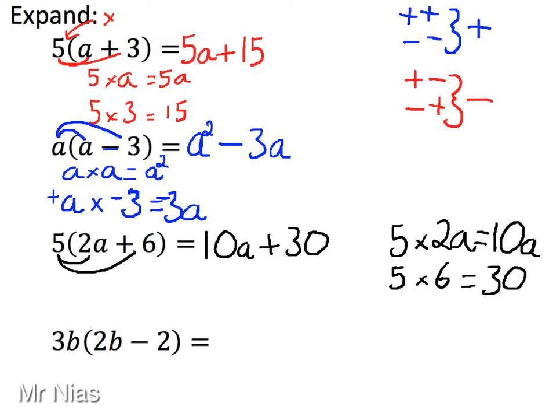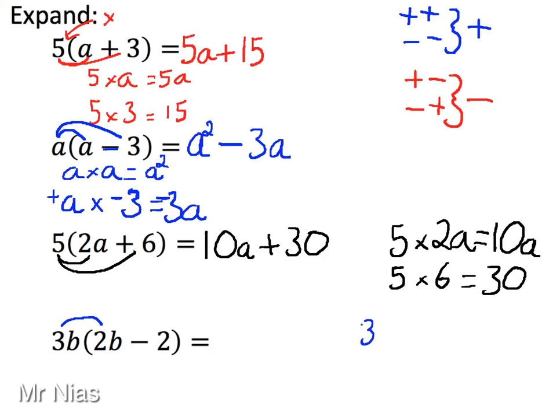And last one down here, last example before you can try some questions, is 3b times 2b take away 2. Okay, so this does look a bit harder than what we've done before, but let's think of what we've got to do. We need to do 3b times 2b.